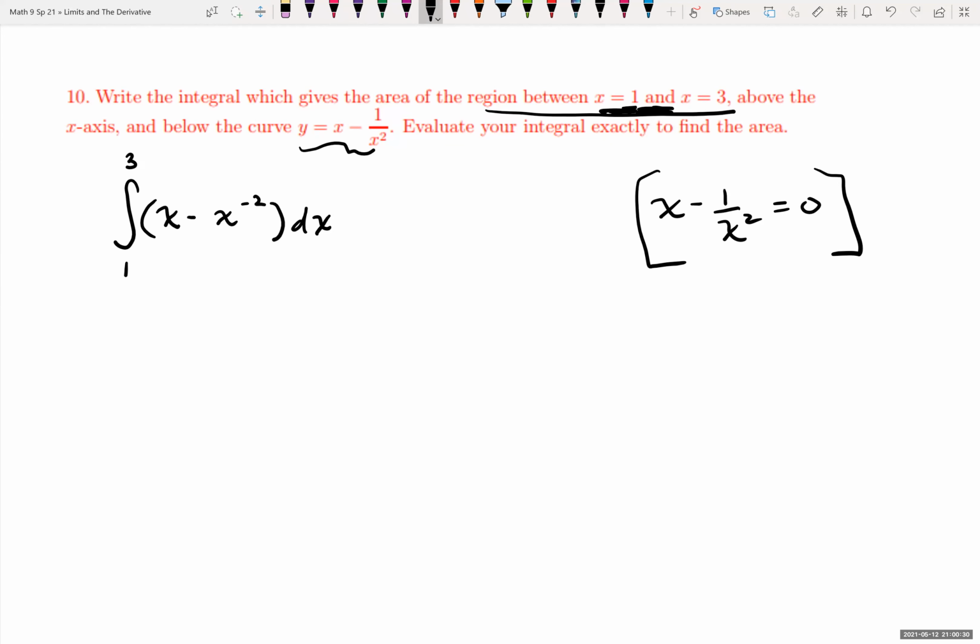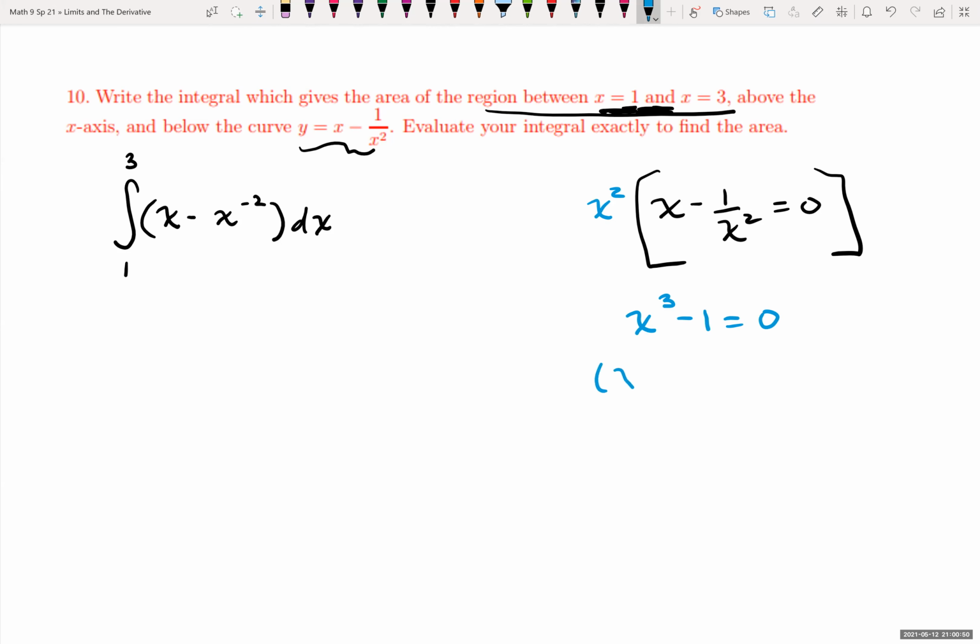I can clear my fractions by multiplying everything through by x squared. And so if I do that, I get x cubed minus 1 equals 0. I notice that this is a cubic, and a cubic is factorable. What do I get?